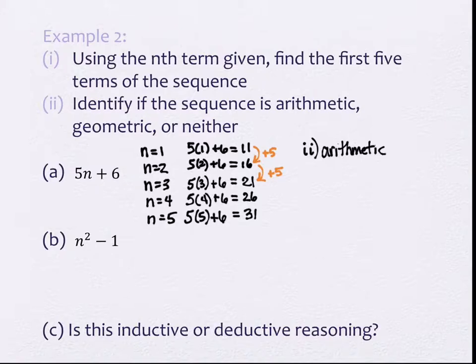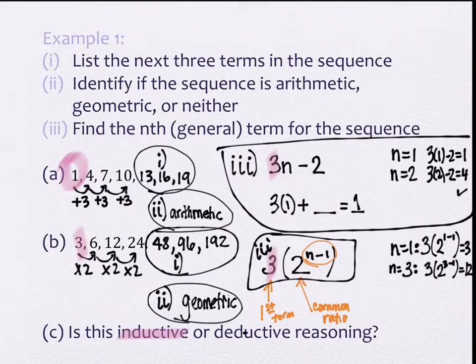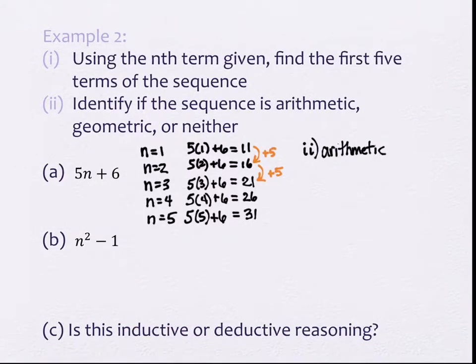It's got the right pattern, right? Look back over here at part A. It's 3n minus 2. It's a constant times n, and then plus or minus something. So it's going to be arithmetic, and the reason it's plus 5 is because it's 5n. All good? Okay, let's try the next one.